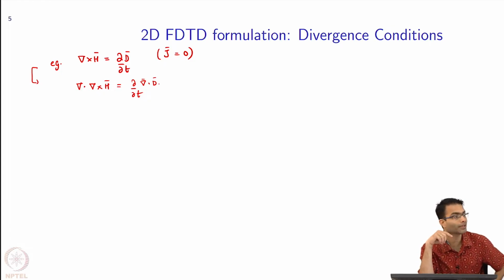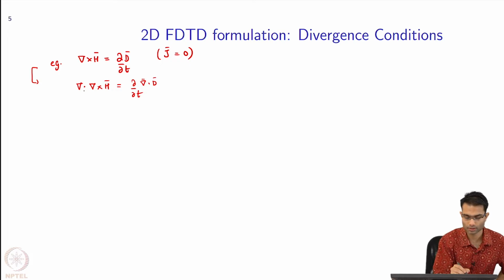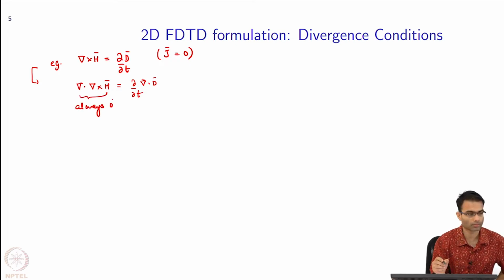What should the left hand side be? Left hand side is an identity in vector calculus, right? This is always 0. So we will just write this equal to 0 over here.